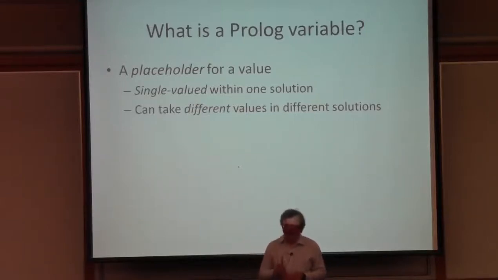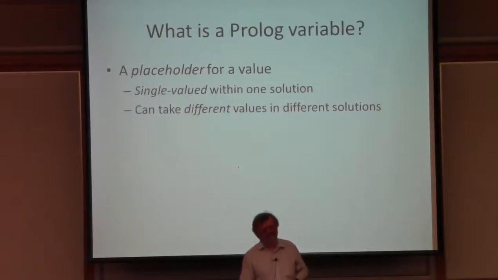It's important to note that a variable is single-valued within one solution. They're not like imperative variables that can take different values at different places in a clause, but neither are they really like functional variables because they can take different values in different solutions of the constraints.